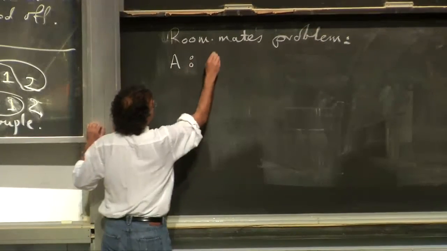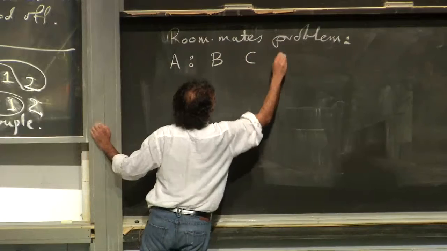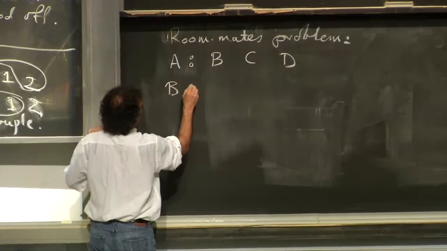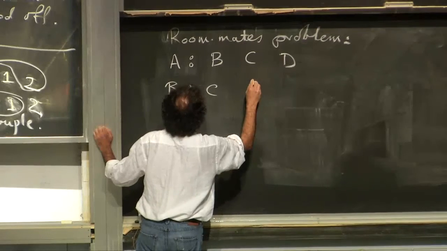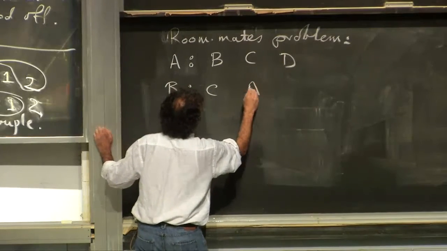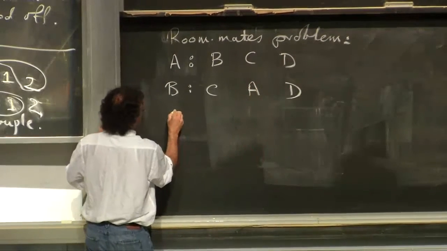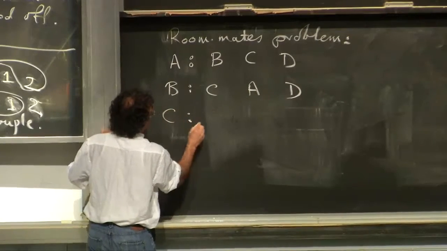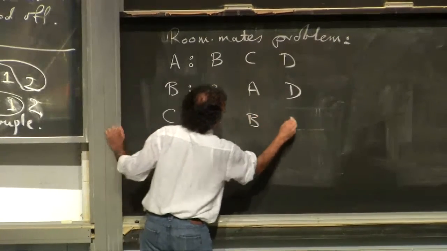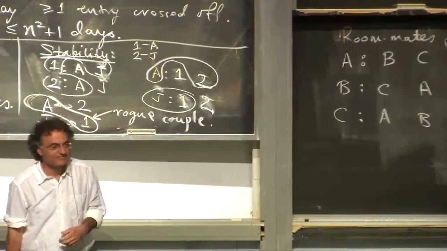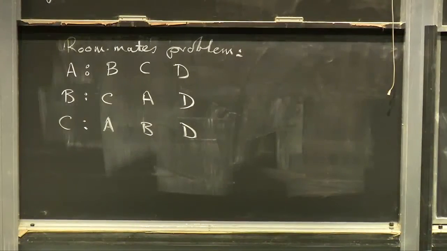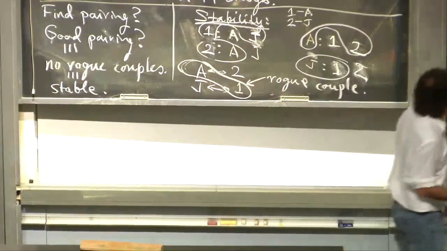A would rather be with B, C, and then D. B would rather be with C, A, and then D. And C would rather be with A, B, and then D. Okay, so you start off with a pairing.